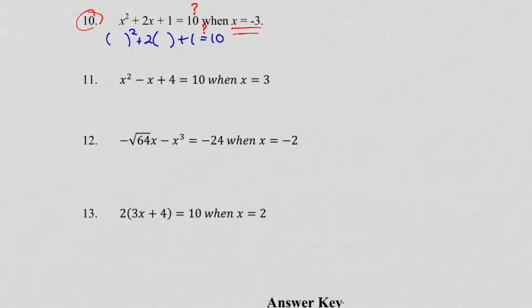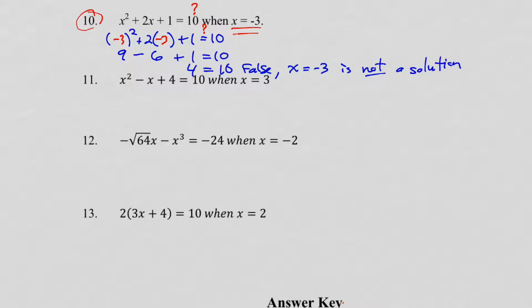So negative 3 in both spots. So that's positive 9 minus 6 plus 1. 9 minus 6 is 3, and 3 plus 1 is 4, so that is false. So x equals negative 3 is not a solution.